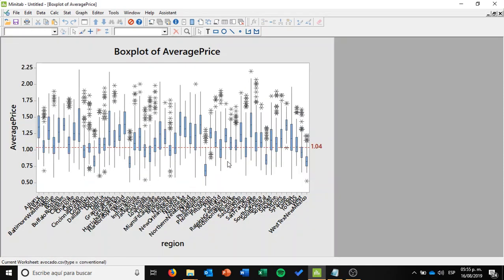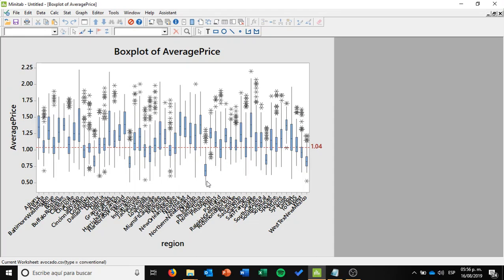Now this is the graph that I am looking at. Look carefully, this is the 1.04 that we mentioned before. But now, the lower the bars, the lower the avocado price. The higher the bars, the higher the avocado price, obviously. What we want to do is to select a city in which most of the time the avocado price was pretty cheap.